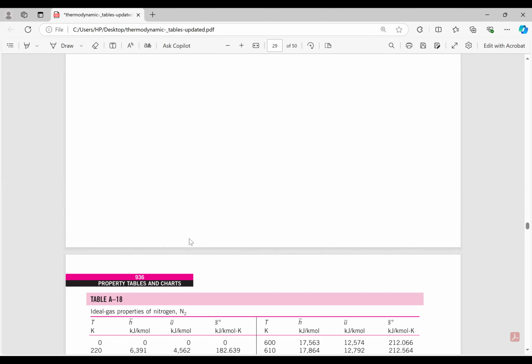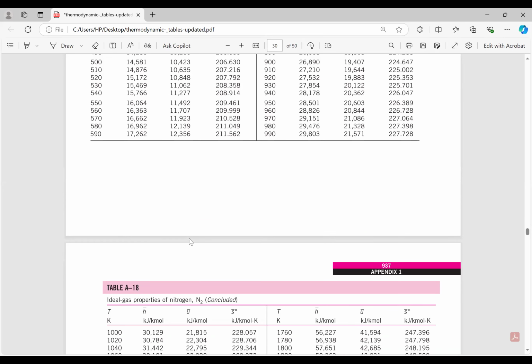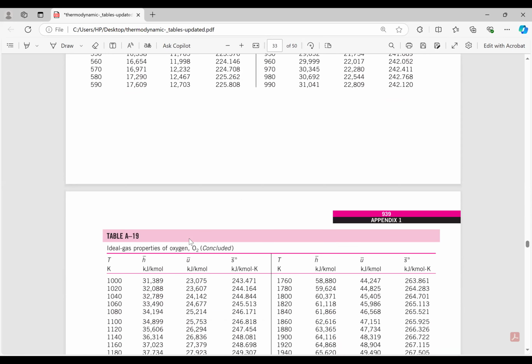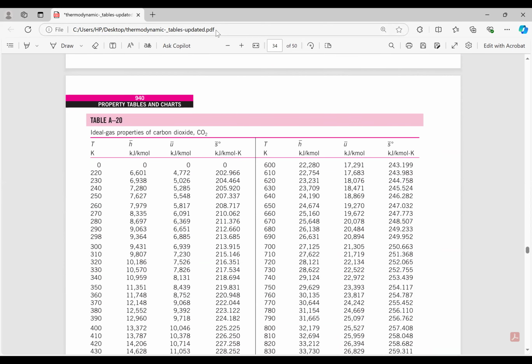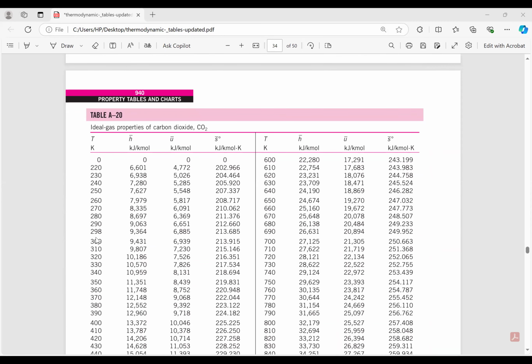So this is for air, this for nitrogen, this oxygen, this carbon dioxide. So we're given 25 degrees Celsius and then 100 degrees Celsius. So we can read 25 degrees Celsius in Kelvin is going to be about 298 Kelvin, right?